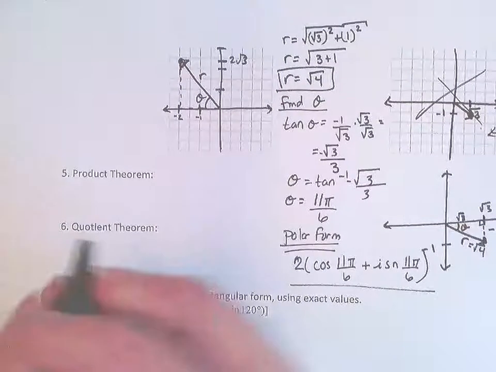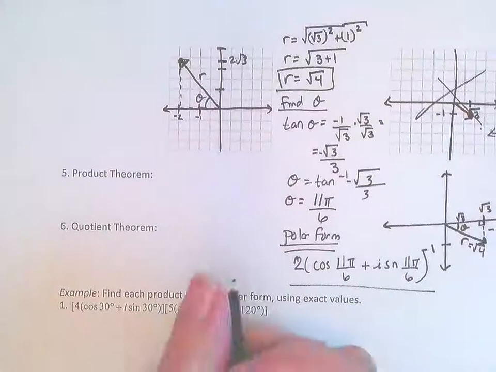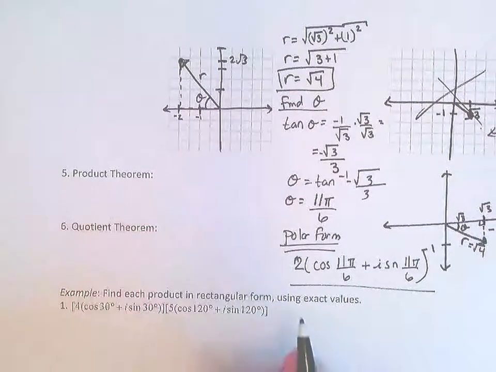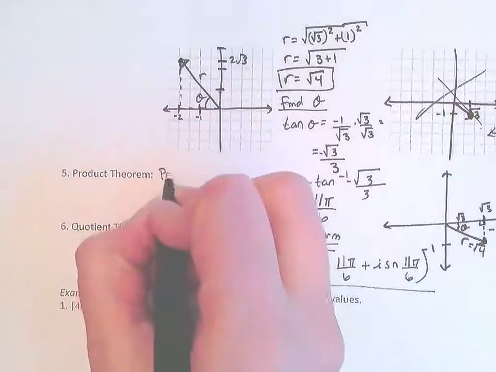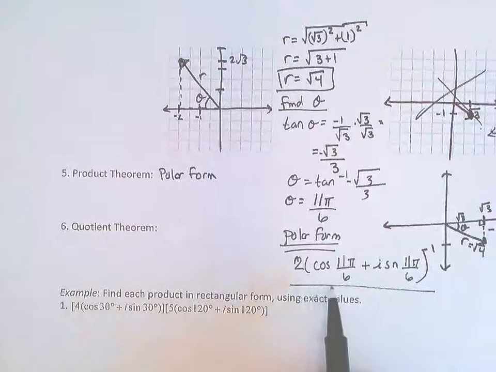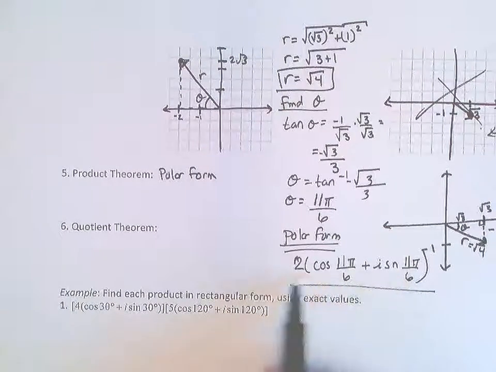Okay, just to finish up these notes, aka part two, the product theorem says that when you have, and this is in polar form, okay, so if you remember from the previous section, this is what polar form looks like.